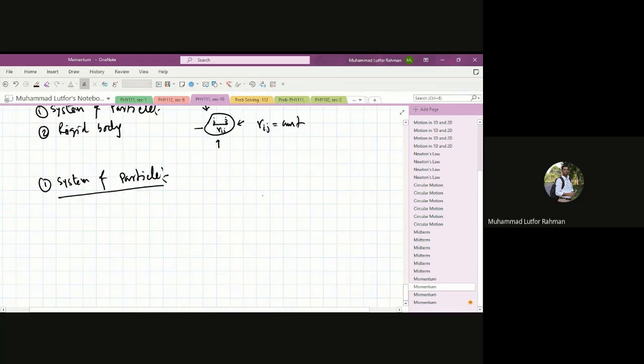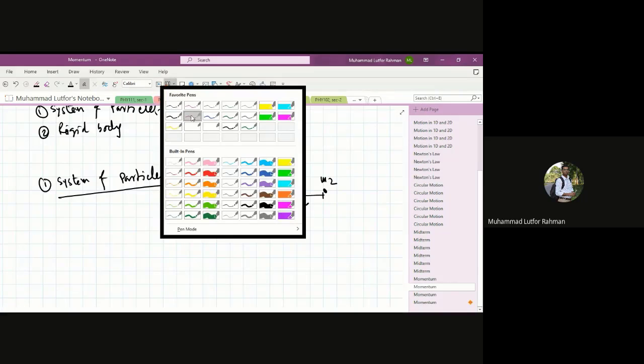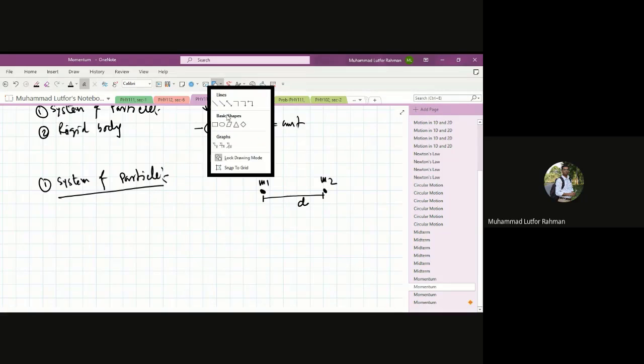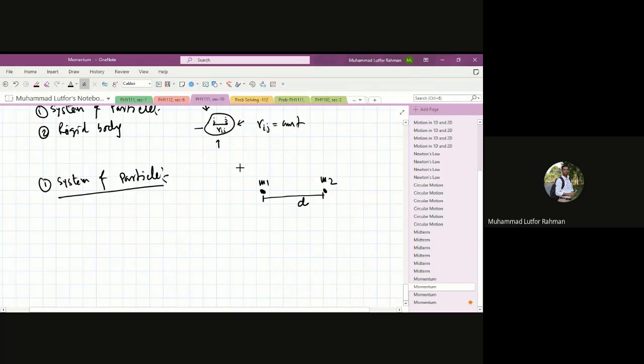Say I have two objects. This is M1 and this is M2, and the separation between these two objects is, say, D. To find out where the center of mass of that system would be, I will consider x as a reference point, otherwise I cannot find it. Remember, the center of mass of a system is not fixed.